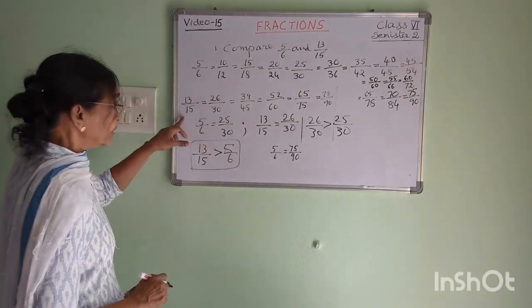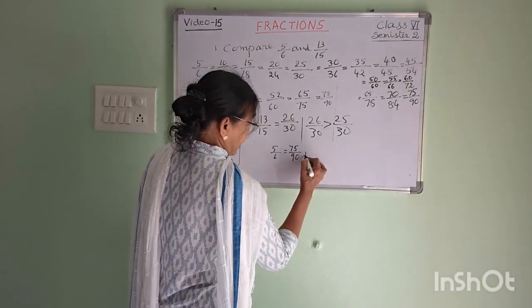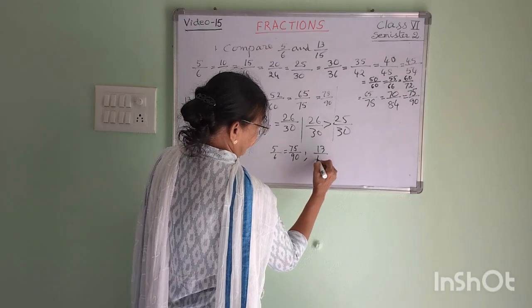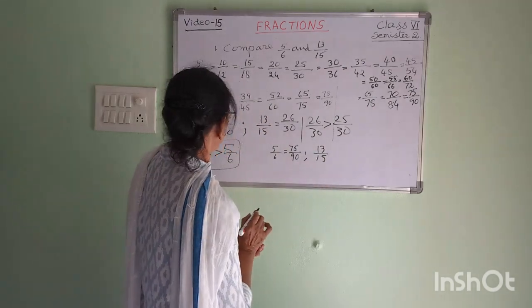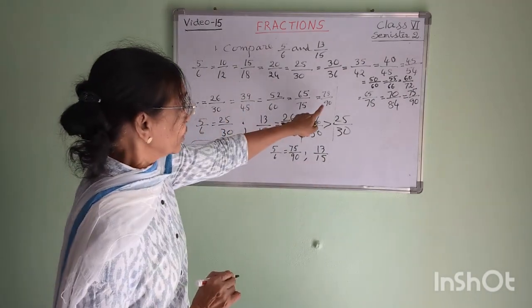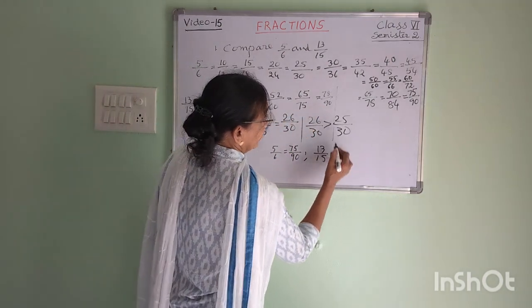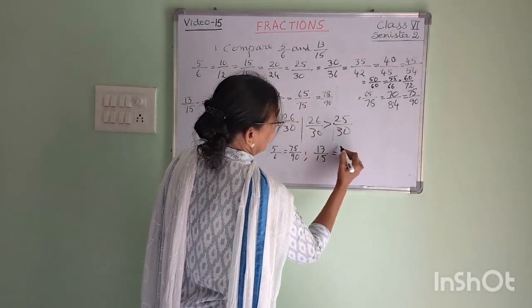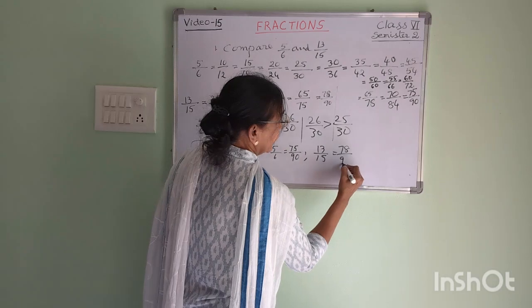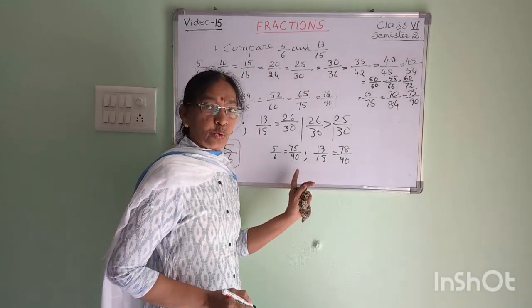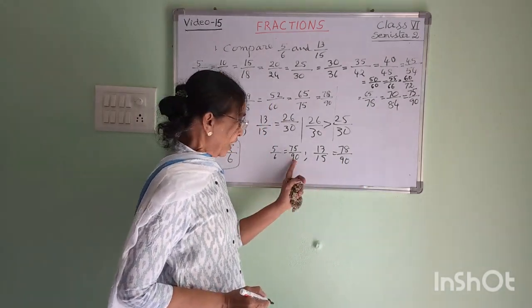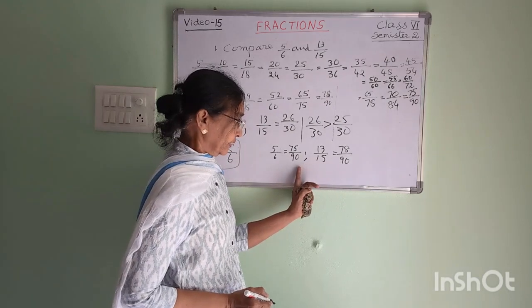And 13 by 15 is equal to 78 by 90. These two are also equivalent fractions having the same denominator 90.